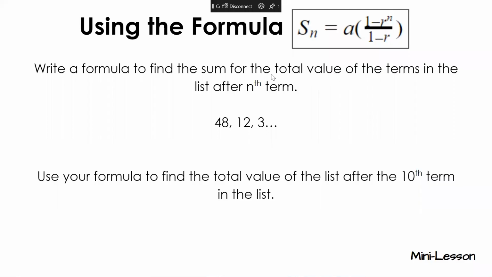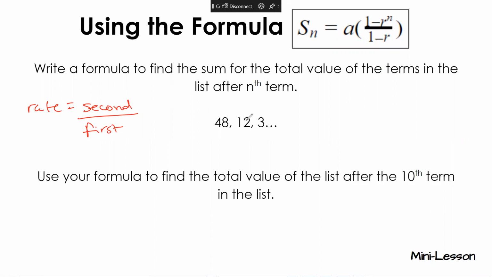All right, so using this formula, we're going to write a formula to find the sum of the total value of the terms in the list after the nth term. The first thing we want to do is find the rate. The way you find your rate is you take your second term and divide it by your first term.